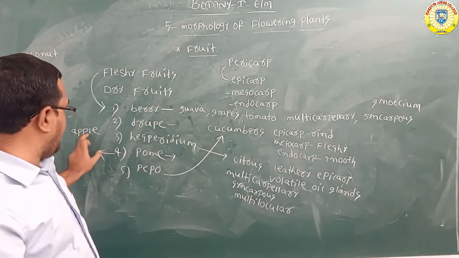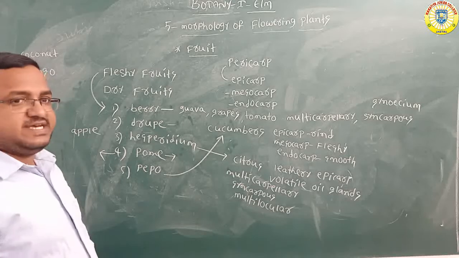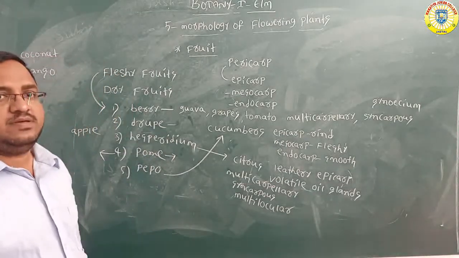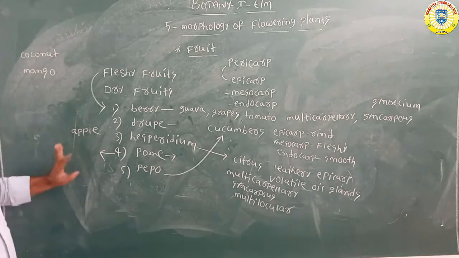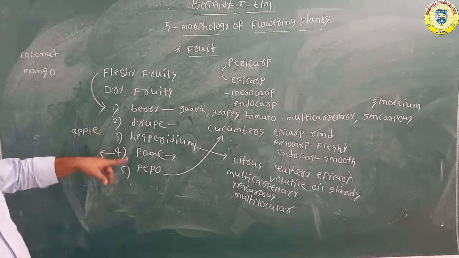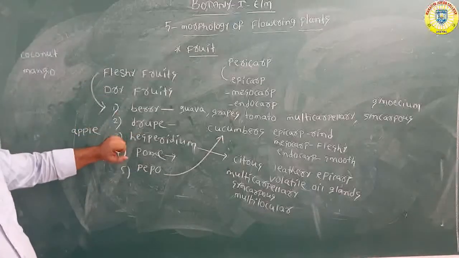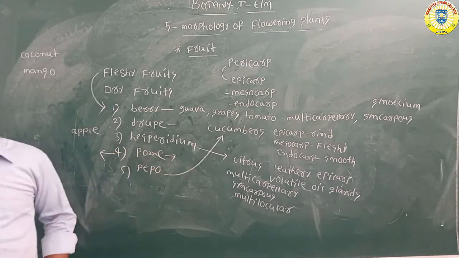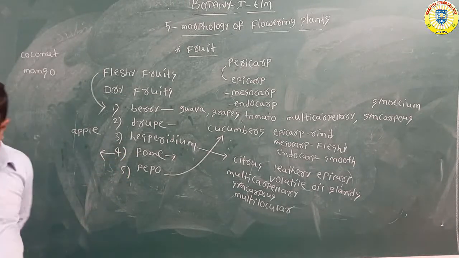Next example, apple, in which you can see the fleshy thalamus. So far we discussed the 5 types of fleshy fruits. One is berry, second drupe, third hesperidium, fourth pome, fifth pepo.